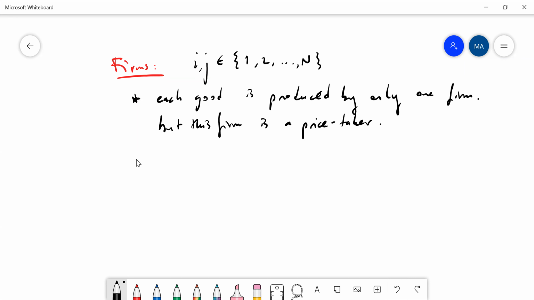Okay? So we're going to use the same trick that we used last week. We're going to assume that there is still a competitive market. Even if this firm is the only firm that produces it, it is one of many firms, you may imagine. Let me be much more specific here.